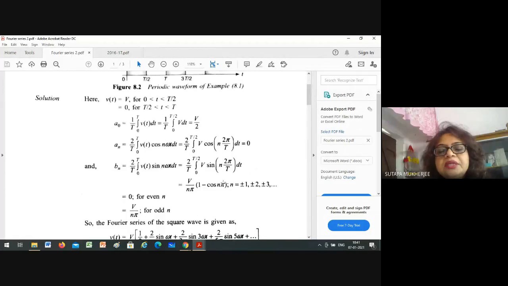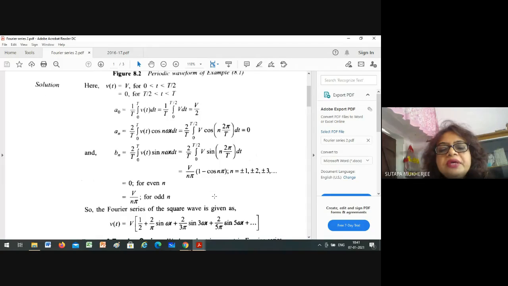And if this part is 1, then this will be 0. So for all even n, this part will be 1, so bn will be 0 for even n. And for odd n, this part will be 0, and you will get V by n pi. So bn equals 0 for even n and equals V by n pi for odd n.